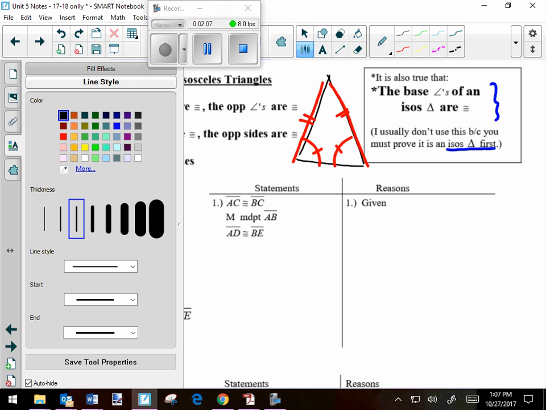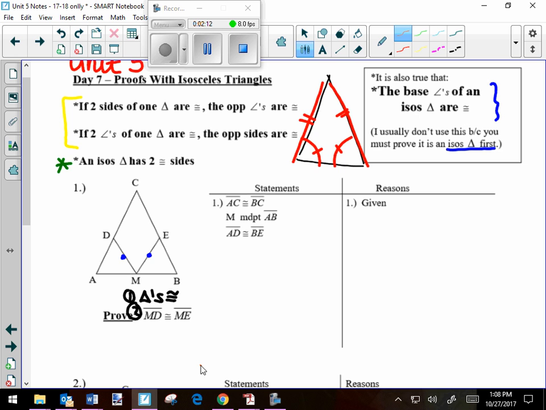So when I start this question and I look at the givens that I have initially, I can see that the first given tells me that I have side AC congruent to side BC. You will notice that those two orange sides are much longer than the part that we need to prove the triangles congruent.